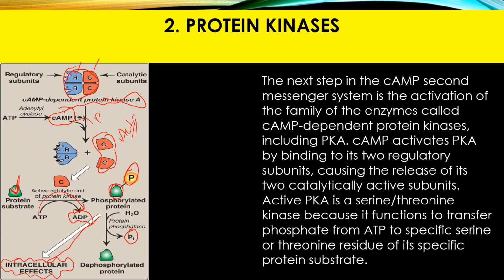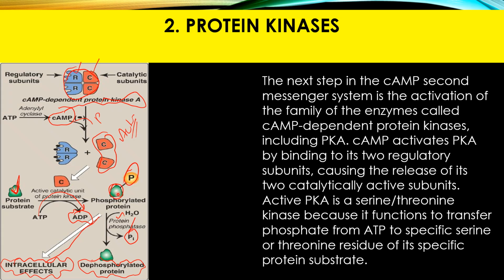removed by protein phosphatase activity, the substrate protein will be dephosphorylated, and it will no longer be an intracellular signal, or you can say that the signal has been removed. So after attaching to the phosphate group, it becomes a phosphorylated protein.